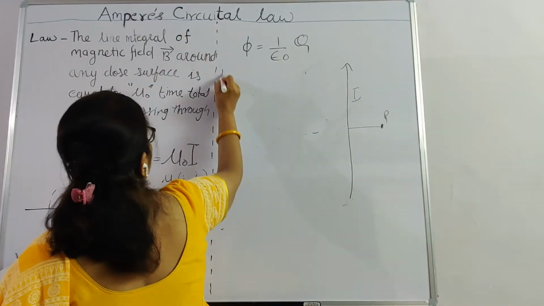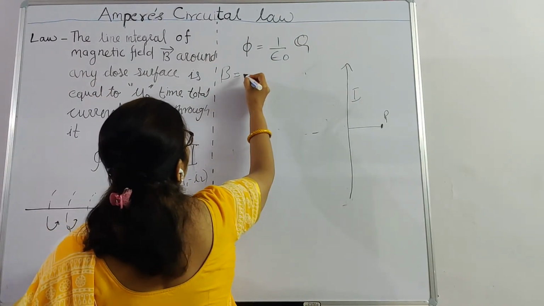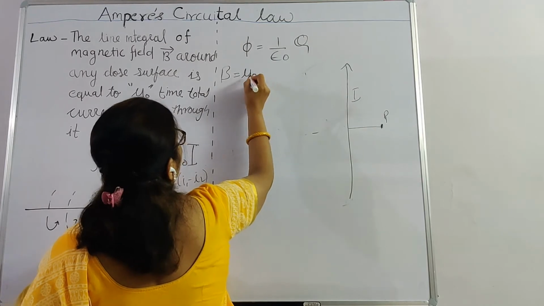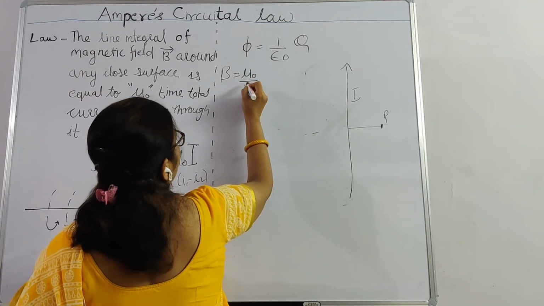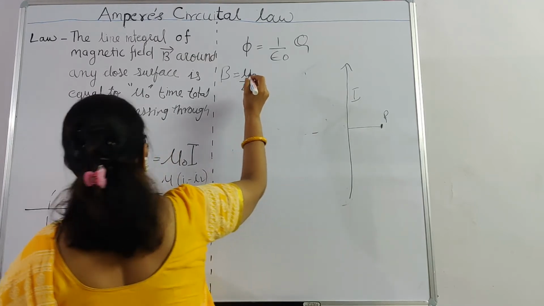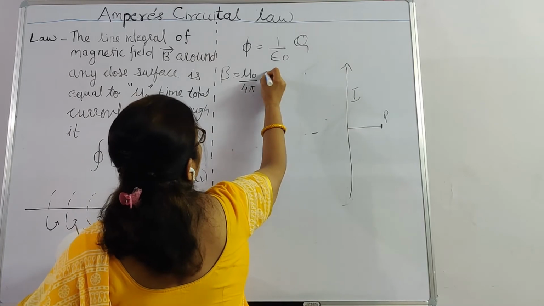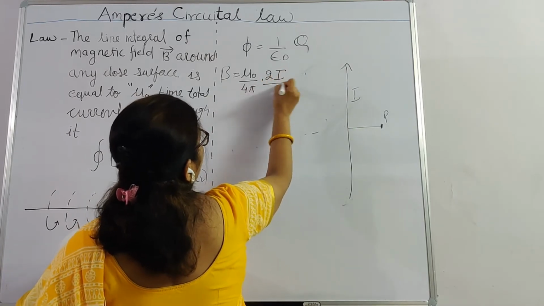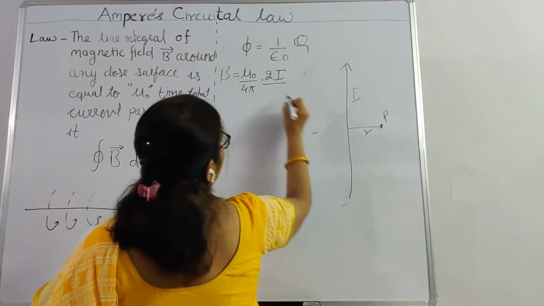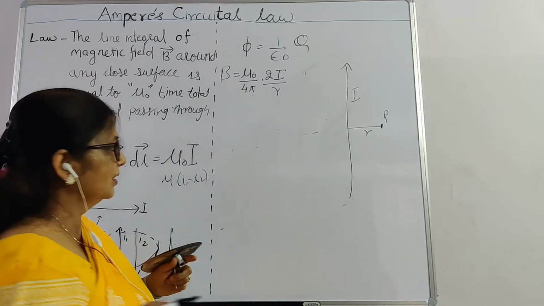Already you have learned in the last video, that it equals mu naught by 4 pi times 2I by r, where this distance is r.